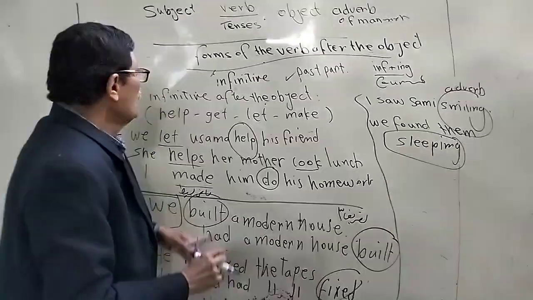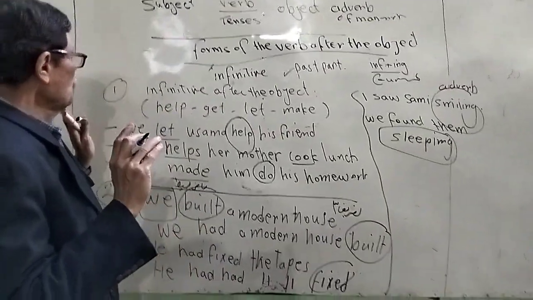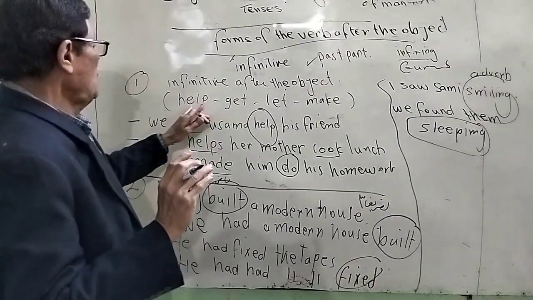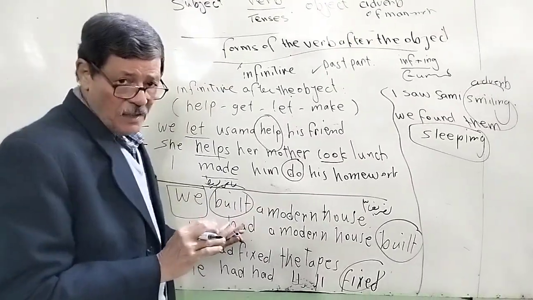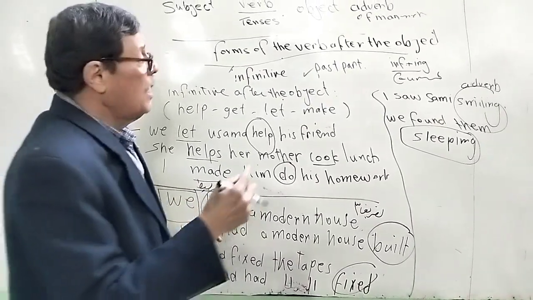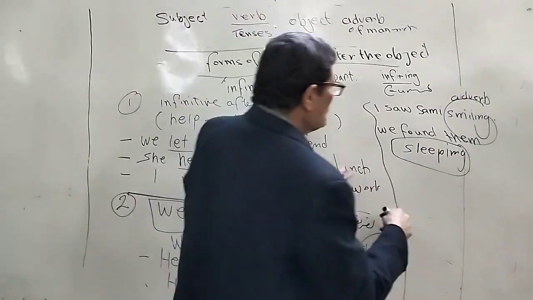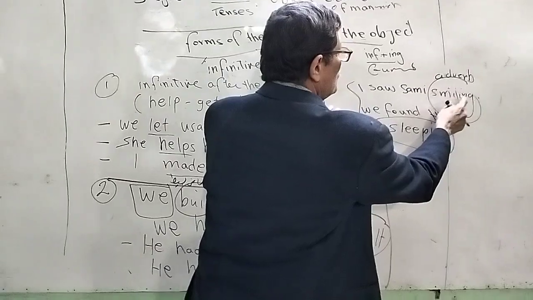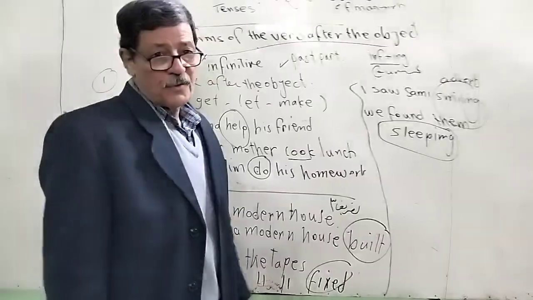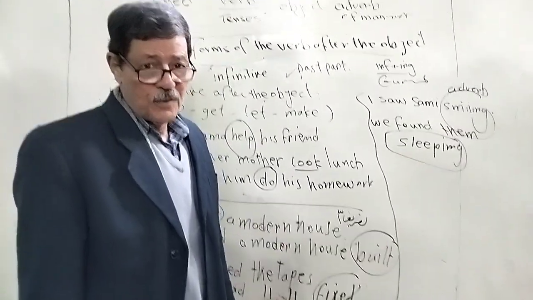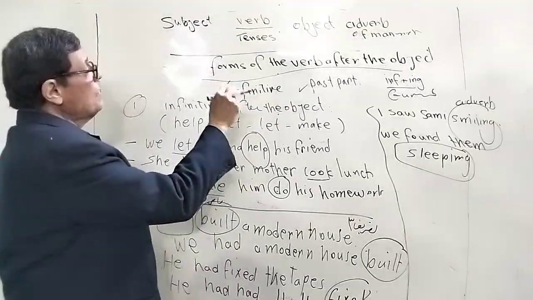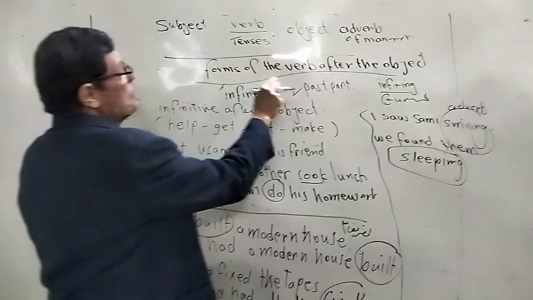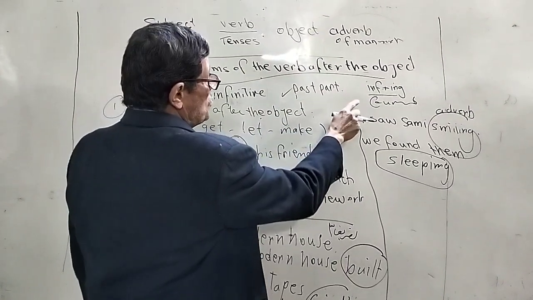If you don't find help, get, let, make, or verb to have in the sentence, after the object, use gerund. These are the three forms of the verb after the object.